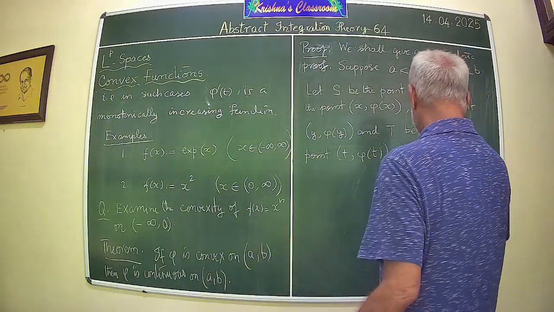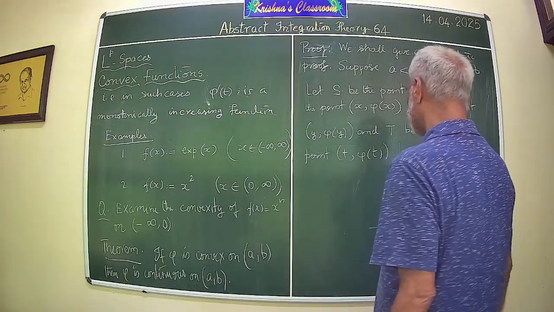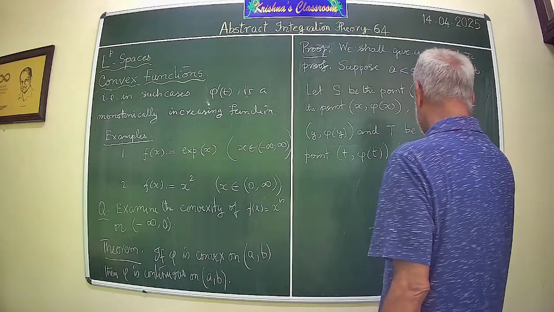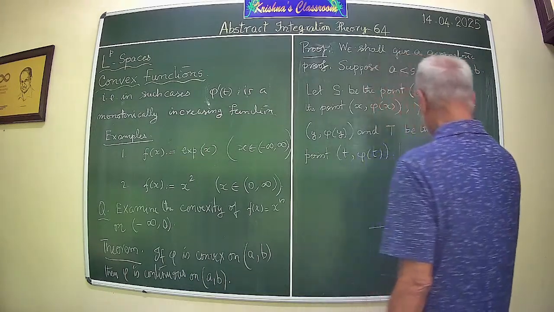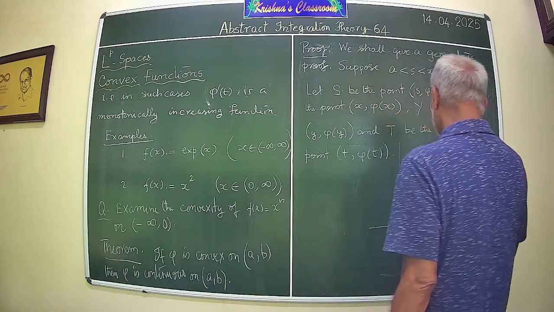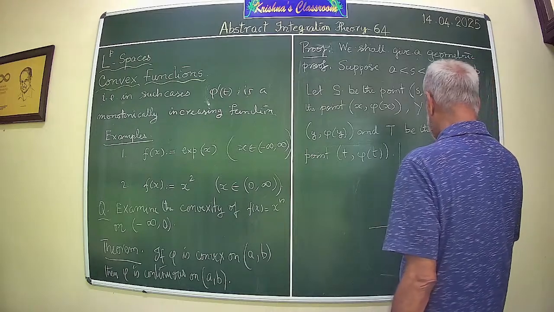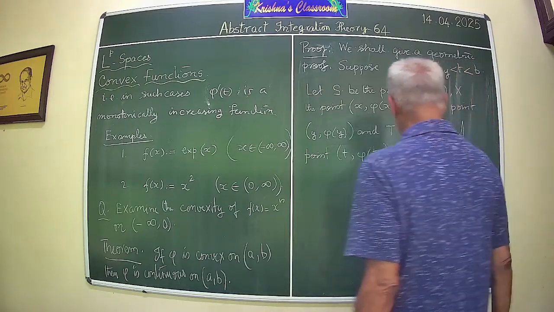Now you join the line S to Y. Then the function phi is convex if the point X lies below the line SY.